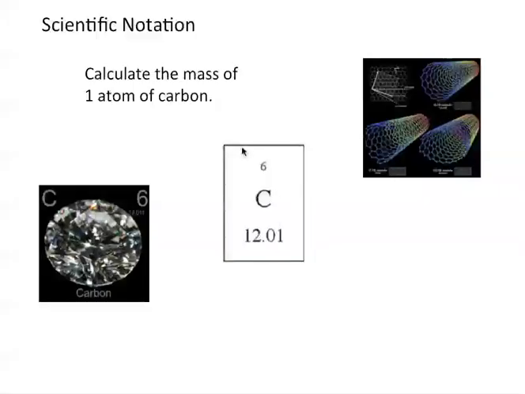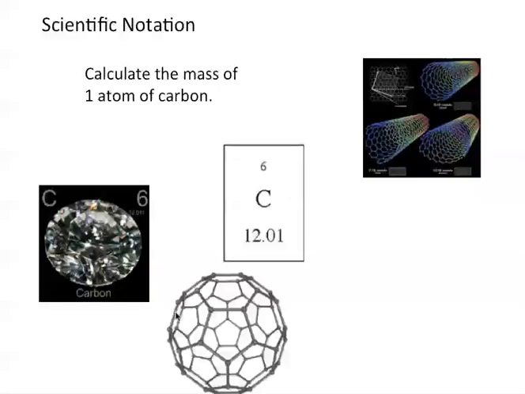And here's carbon in the periodic table of elements, and it has an atomic mass of 12.01 grams per mole. And this is a molecule of Buckminster fullerene. It's carbon. It's just, carbon can often be found in this really neat molecule. And it's a soccer ball, which is pretty neat.